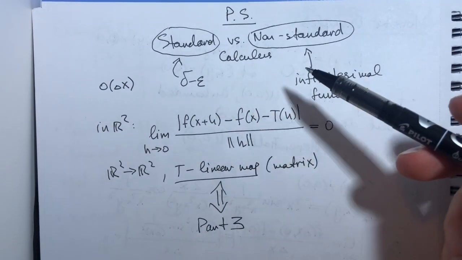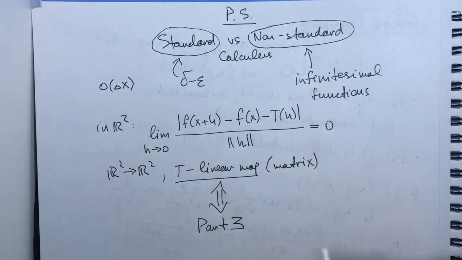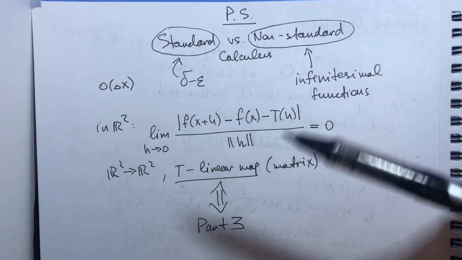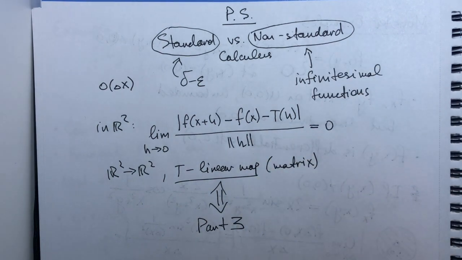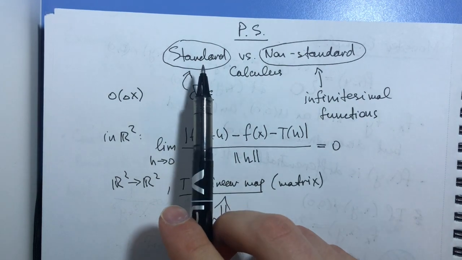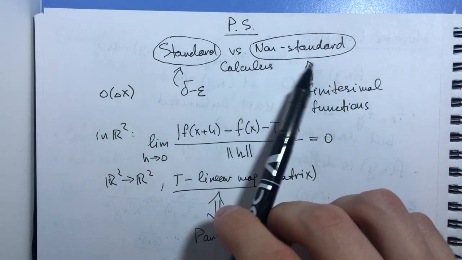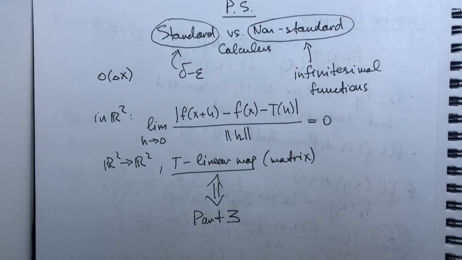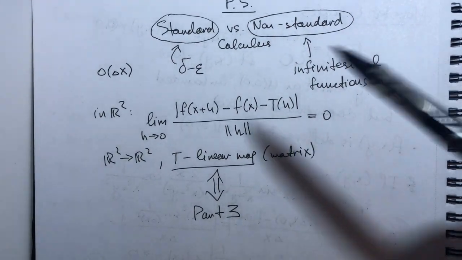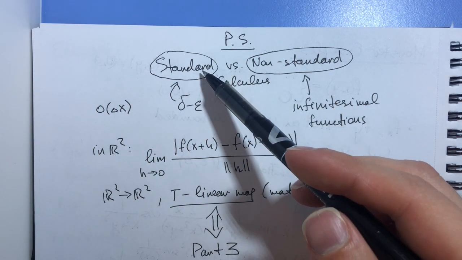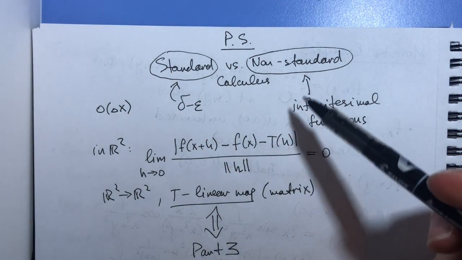So these two approaches yield the same result, but I find the non-standard approach a bit more visual, and it allows you to actually feel what's going on with derivatives and differentials. And at some point in the future, I will dedicate a separate video to the difference between the two, but you can conduct your own work or research to find out how notions from one translate to notions in another.